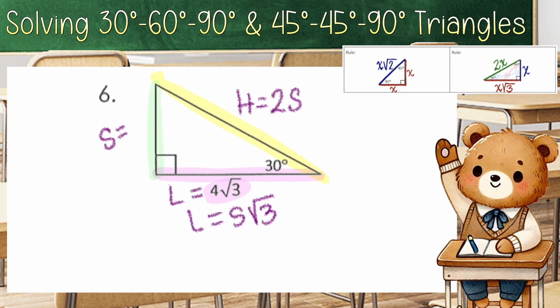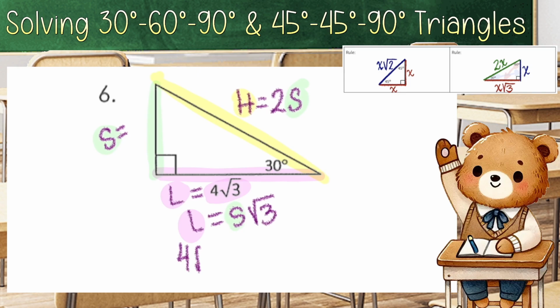That long leg I know, that's L. I'll fill that in and then solve for S. Once I know what S is, I can also figure out the hypotenuse by filling in S. So you see how one thing leads to the next.